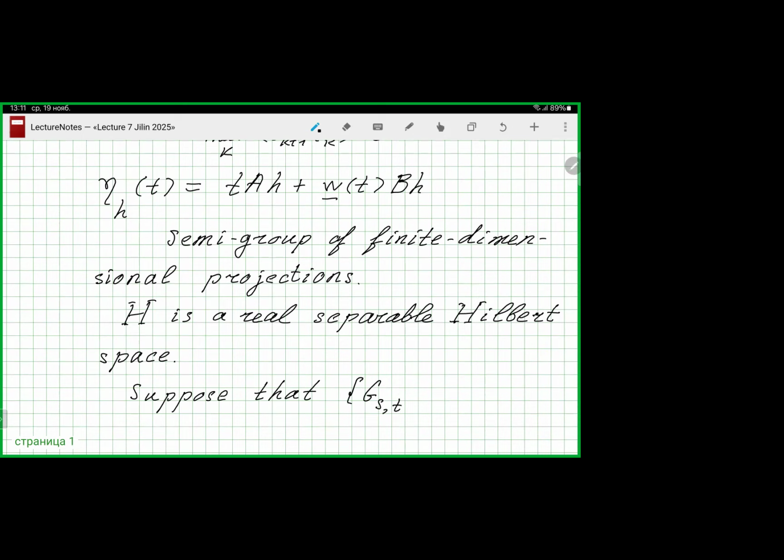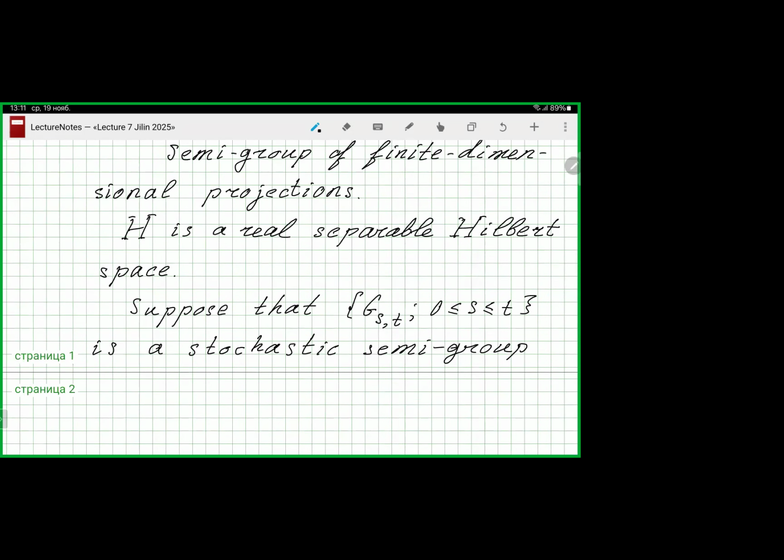J_{s,t} is a stochastic semigroup in H, such that, here I will put an additional condition.